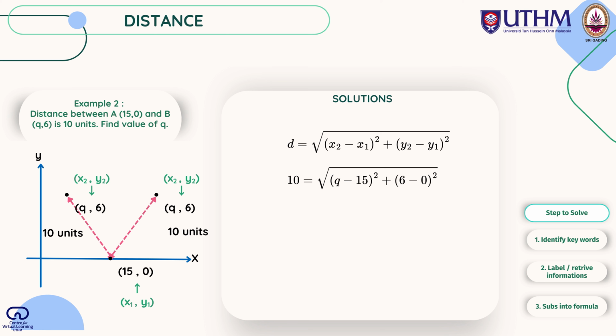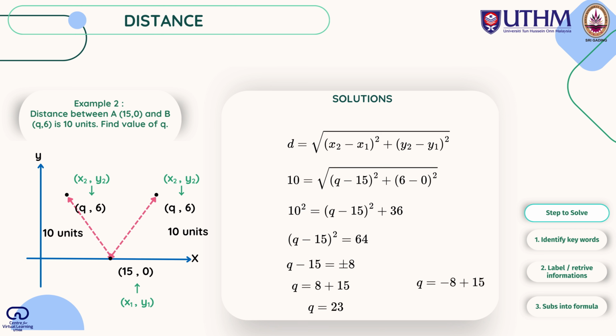Now, square both sides and we have 100 equals (Q minus 15) squared plus 36. Solving the equation using algebra, we have Q minus 15 equals positive and negative 8. So, the 2 possible values for Q are Q equals 23 or Q equals 7. And that's the final answer.